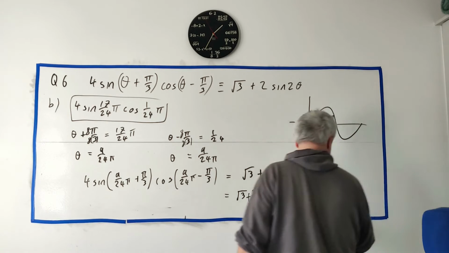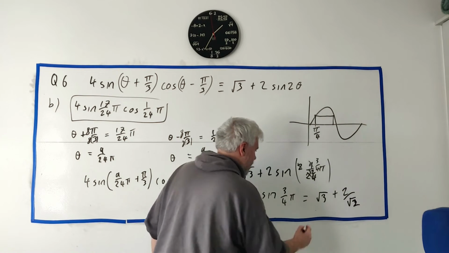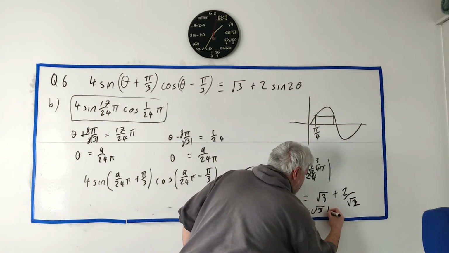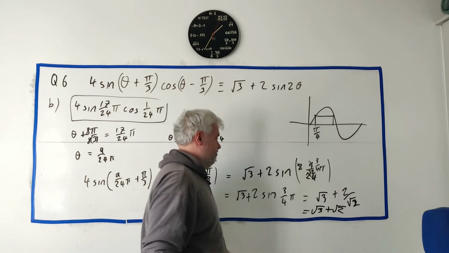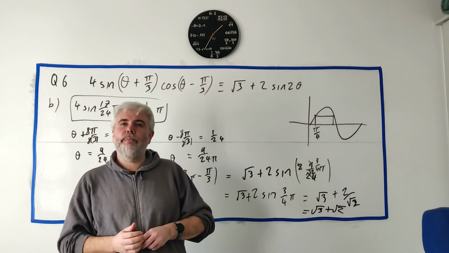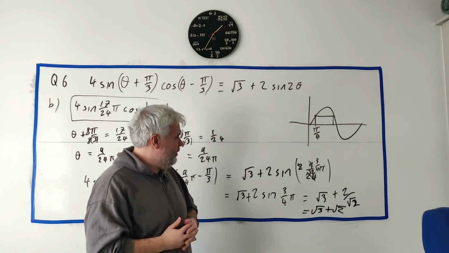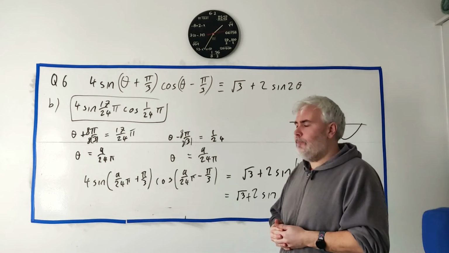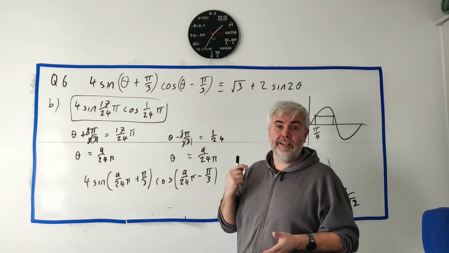Or just to make it a little neater, square root of 2 goes into 2, square root of 3 plus square root of 2. Either of these will be fine for your final answer. Yeah, that's the answer to part B. Okay, let me rub this out and we'll do part C.